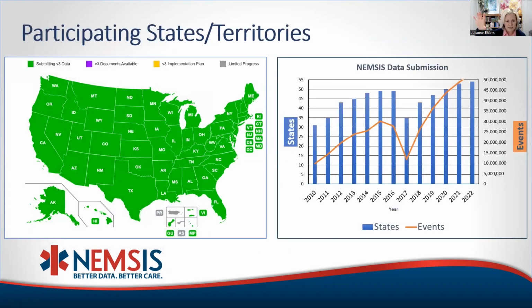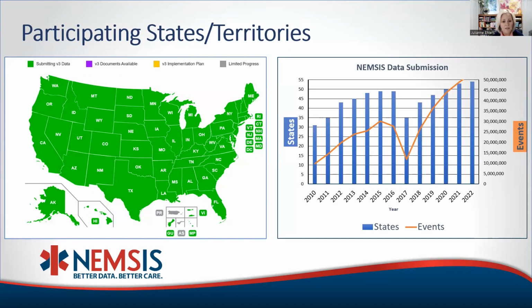So we've introduced NEMSIS a little bit. We've talked about post-crash care and the National Roadway Safety Strategy. To level set a little bit further, we've got 50 states, the District of Columbia, and 3 territories who voluntarily submit their EMS data to the National EMS Data Repository. States and agencies work really hard to collect good data from field responses and to submit that from the field to their region in some cases, or to their state.